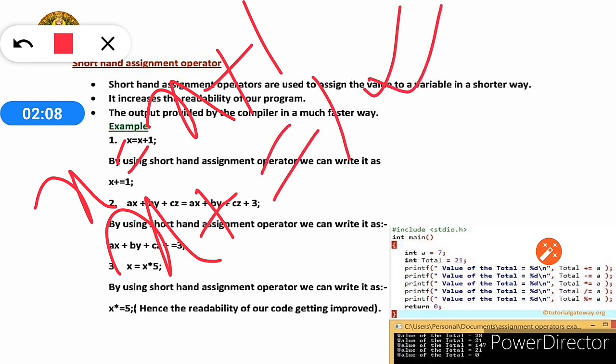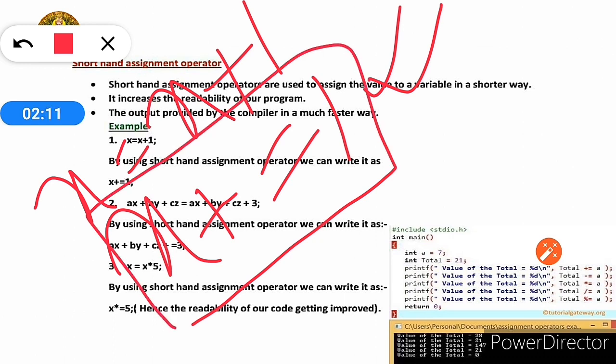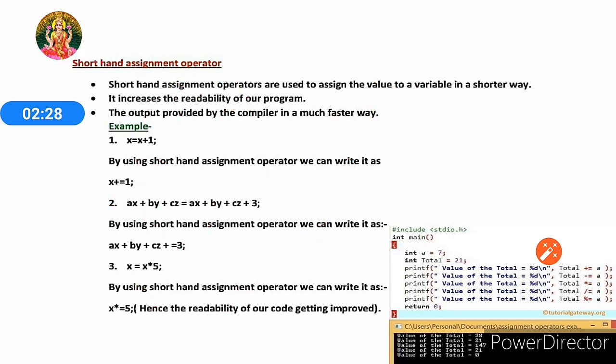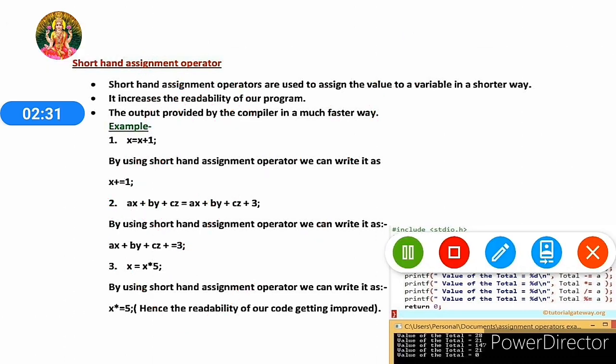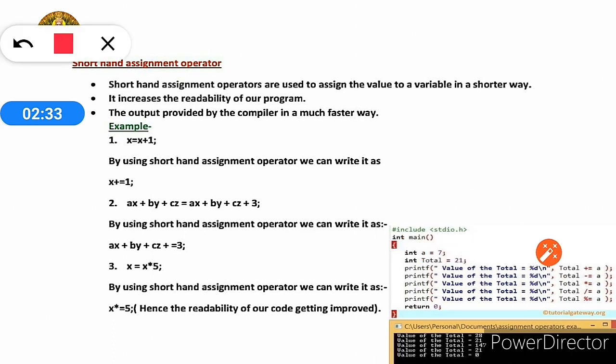Definitely the second one, because it saves your time and also increases the readability of the code, and it gets compiled in a much faster way. So there are 3 benefits of using the shorthand assignment operator. First of all, writing the variable in a shorter way saves your time, increases the readability of our program, and the compilation is done in a much faster way.